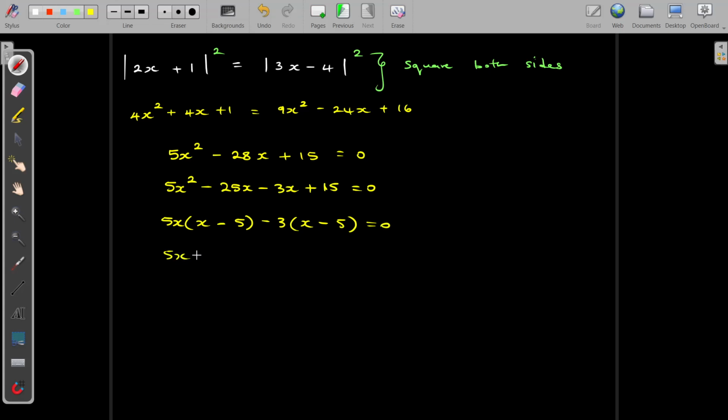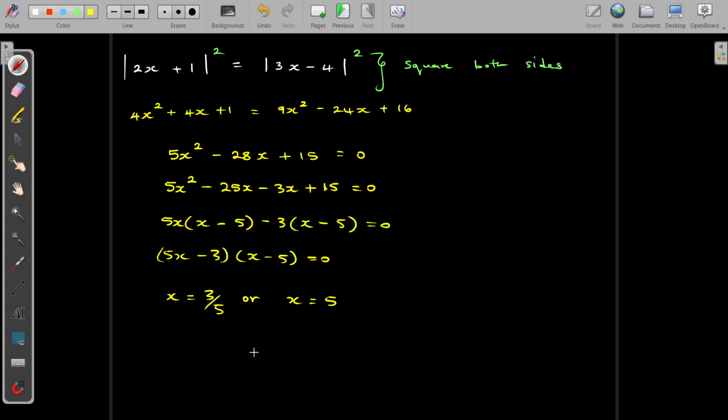So 5x minus 3 and x minus 5. So therefore x is equal to 3/5 and x is equal to 5. It's not and, it's or. So both of those could be your solutions to this question. So if we get it where the modulus is on both sides, all we'd have to do is square both sides and we'd get our solution.